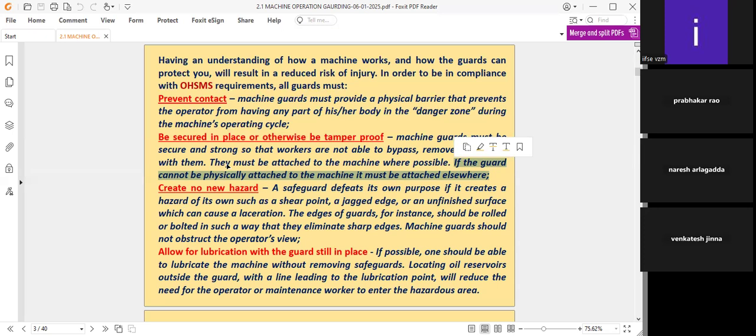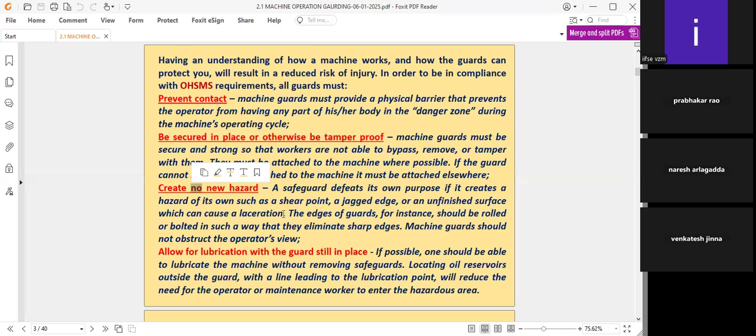While carrying out the risk assessment, normally we think that there is a guard, so we are not supposed to take it into account in the risk assessment. But the point is to create no new hazard, because with the guard there, nothing should happen. A safe guard defeats its own purpose if it creates hazards of its own, such as a shear point, jagged edge, or unfinished surface, which can cause lacerations.